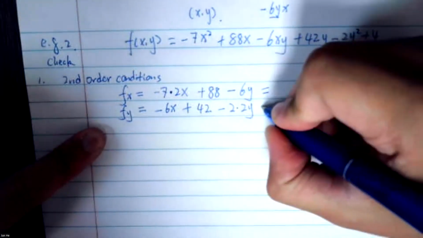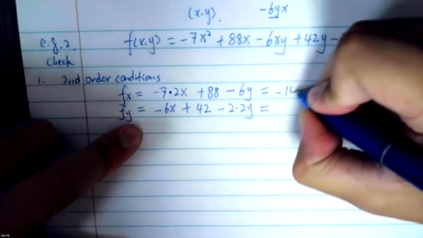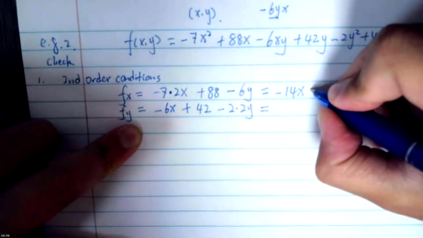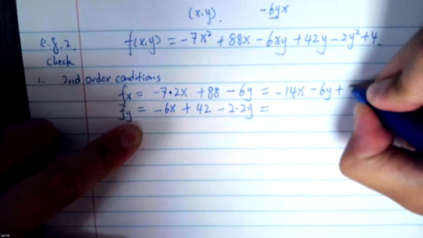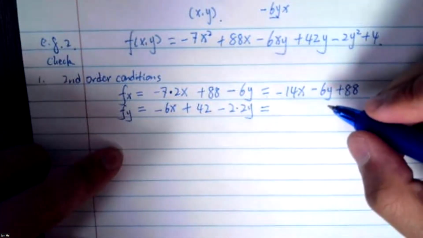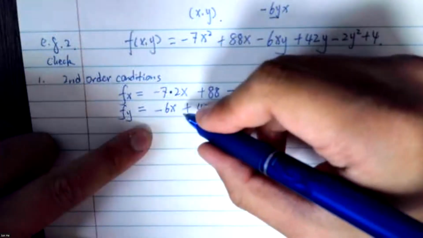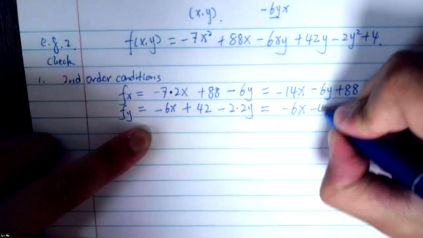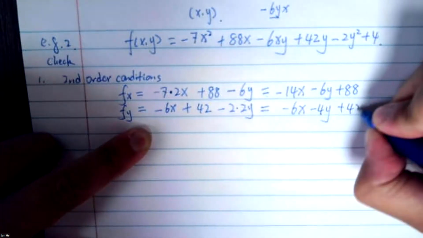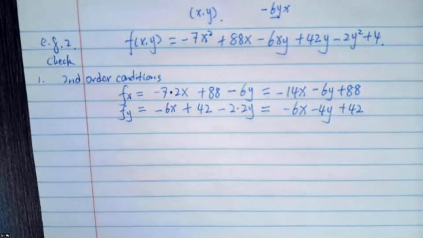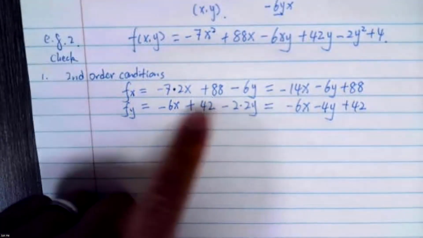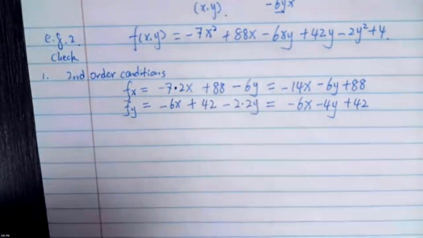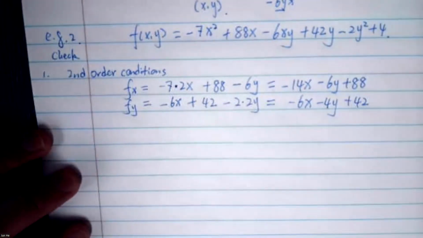Okay, so now we can simplify them. It is minus 14x minus 6y plus 88. Okay, and we have minus 6x minus 4y plus 42. Okay, so those are the first orders.